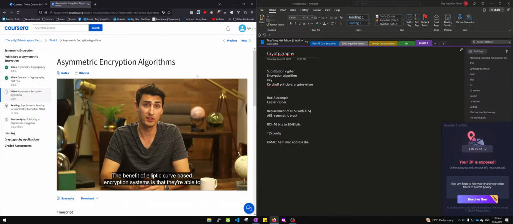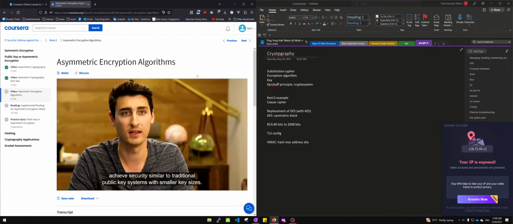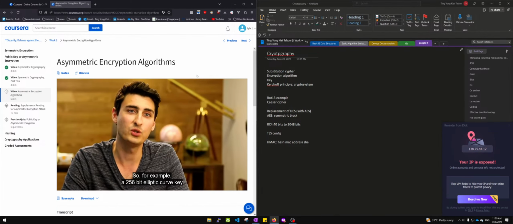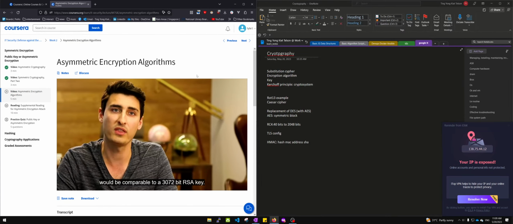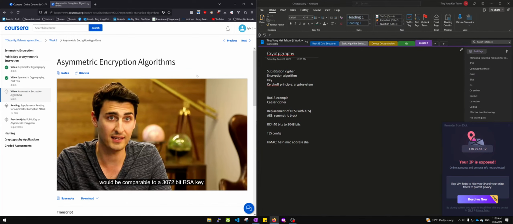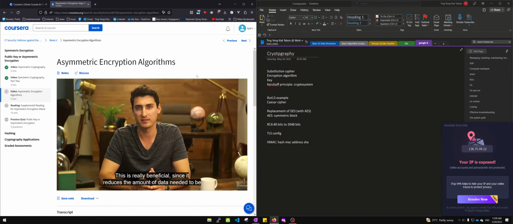The benefit of elliptic curve-based encryption systems is that they're able to achieve security similar to traditional public key systems with smaller key sizes. So, for example, a 256-bit elliptic curve key would be comparable to a 3072-bit RSA key. This is really beneficial since it reduces the amount of data needed to be stored and transmitted when dealing with keys.